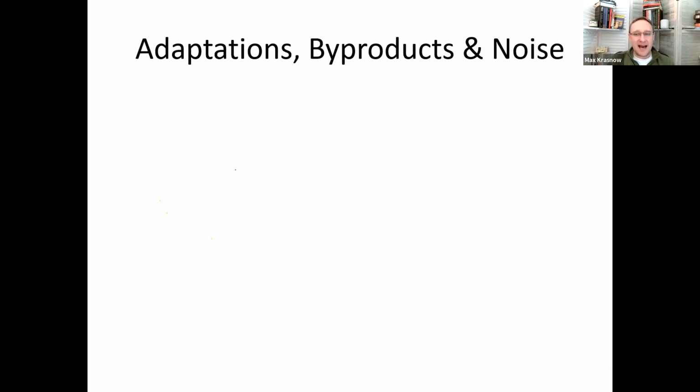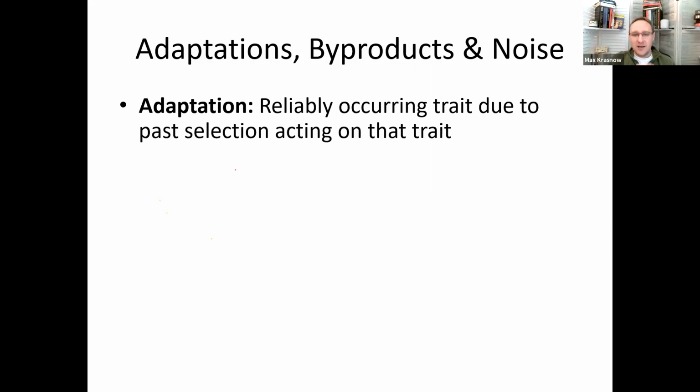Considering these three categories of a trait, adaptations, byproducts, and noise, we can go through them and see how they can lead to predictable variance in human nature, and also predict which pieces should be universal. So adaptations are those reliably occurring traits that have their computational design because past selection selected that trait, shaped that trait.